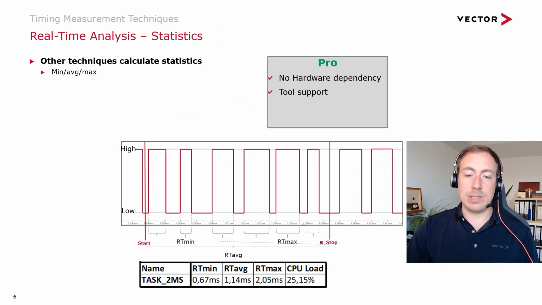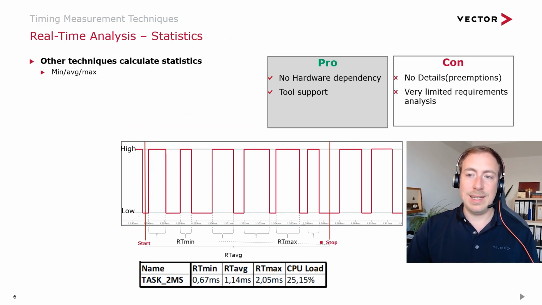This can be done by software tools, which we see later, like the RTM module. You don't have a hardware dependency there, and it's good for monitoring the runtime of the ECU, especially when you deploy new software and then see how your statistics change.